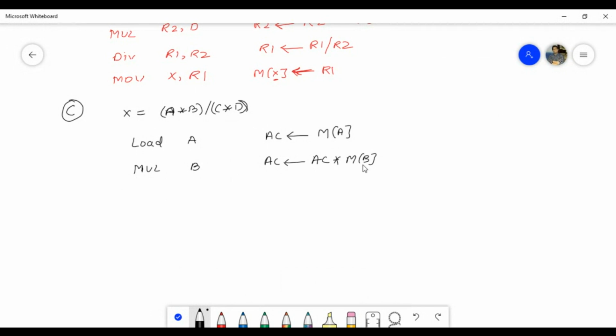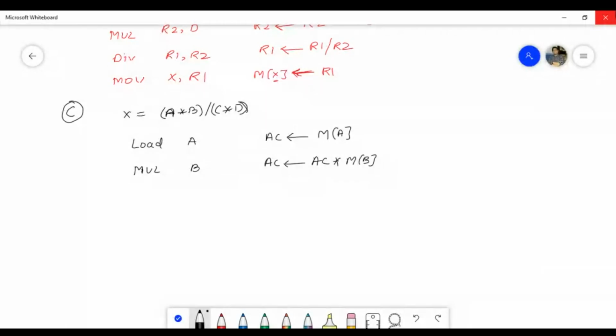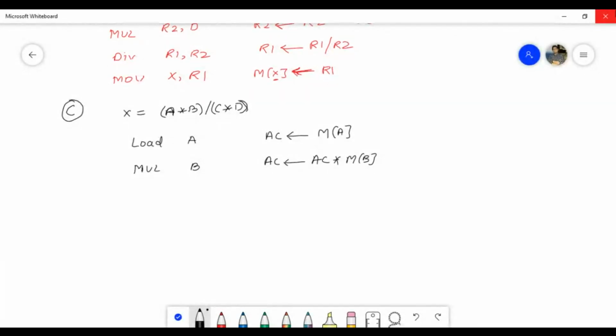Now we are allowed to use only one accumulator, so I cannot use a second one. So I will transfer the content into a temporary register. Let us store T. T indicates the temporary register.